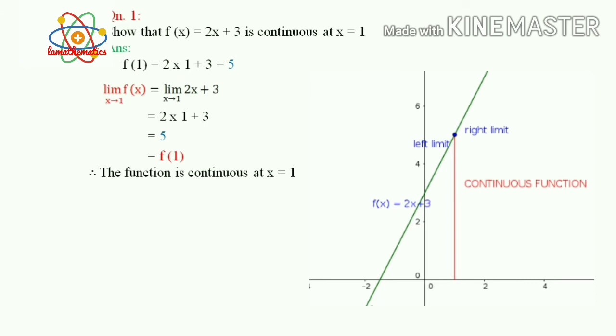That is, as x approaches 1 from the left side of 1, or a value less than 1, the value of f of x approaches 5. Similarly, as x approaches 1 from the right side of 1, or a value greater than 1, the value of f of x approaches 5.